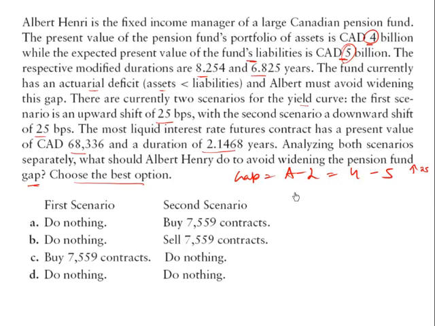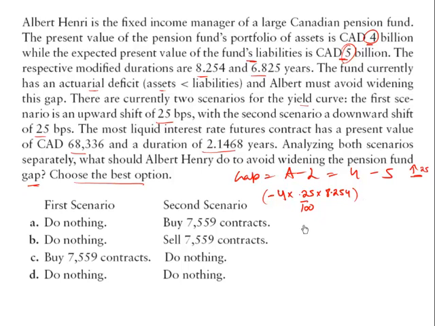If they do, the assets will fall by 4 into 8.254. So for a 1% change, it would have changed by 8%. For a 0.25% change, it will change by 0.25 into 8.254. So in the first scenario, where interest rates go up by 25, this will be the change in the value of the assets.